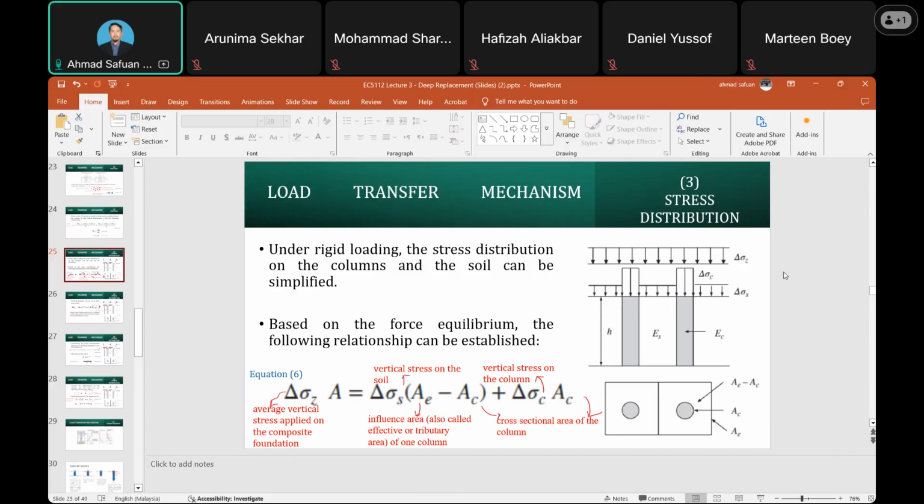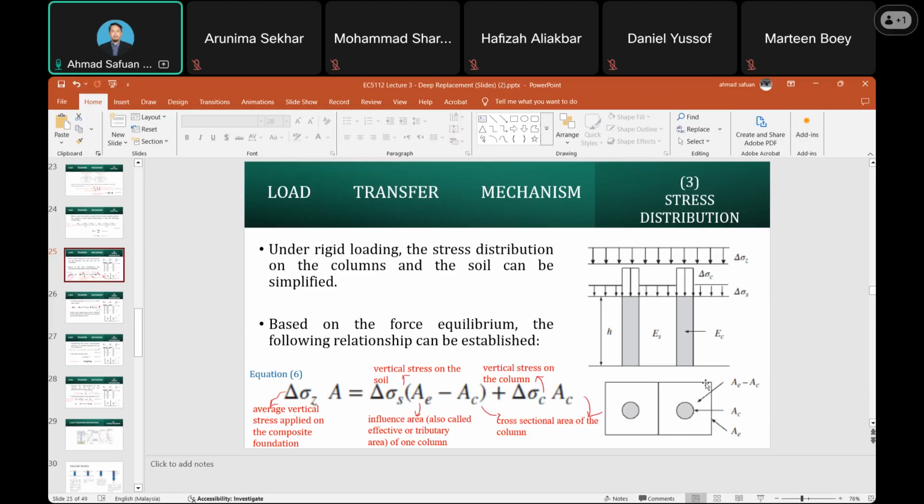AE is the influence area, also called effective or tributary area of one column. AC is the cross-sectional area of the column. So it means that AE is the total area.